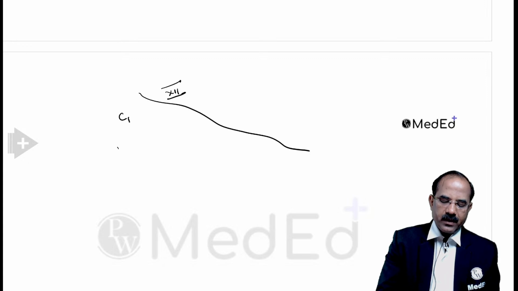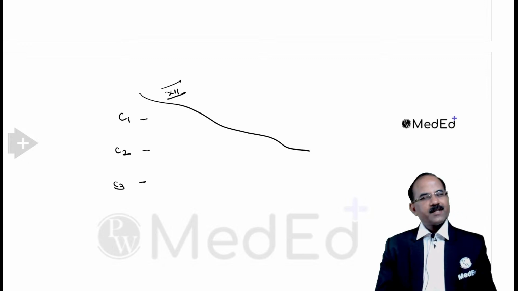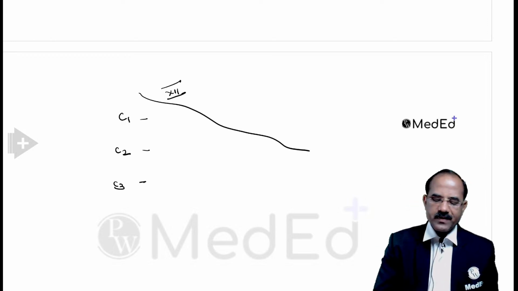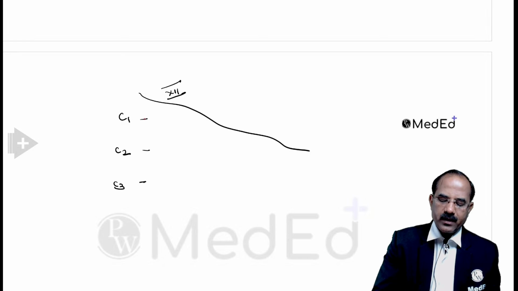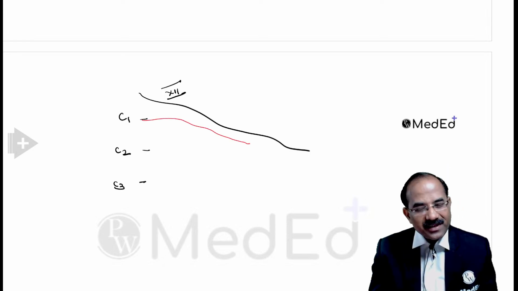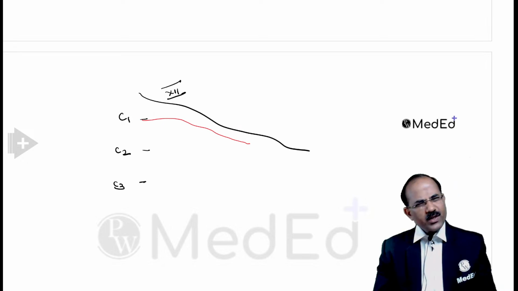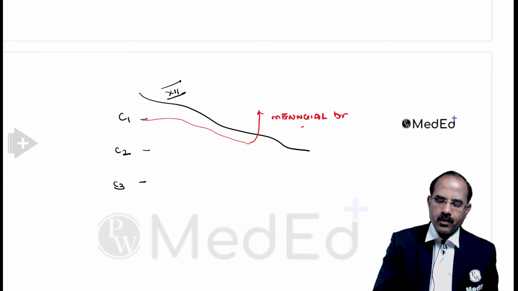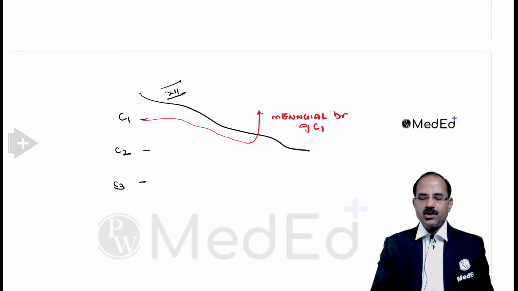These are C1, C2 and C3. Let's start. The fibers of C1 go with the hypoglossal nerve. So, fibers of C1 accompany the hypoglossal nerve. After a short distance, they leave the nerve as one: the meningeal branch of C1.